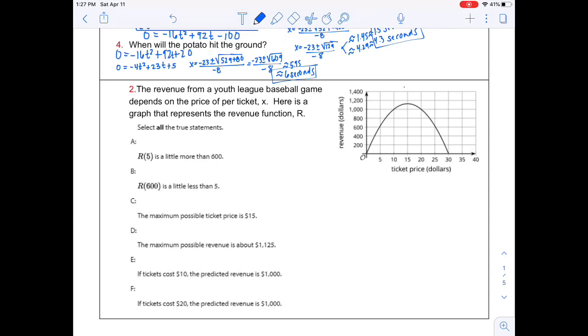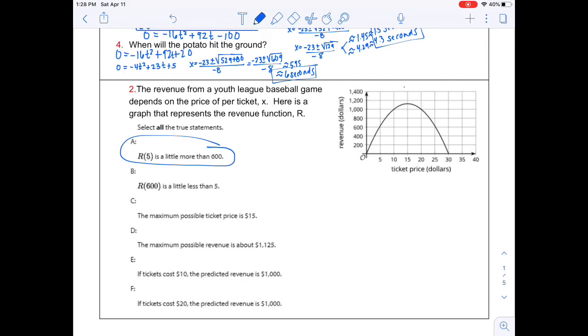It says select all true statements. Letter A, the revenue when 5 tickets is purchased is a little more than $600. I would say that that is a true statement.